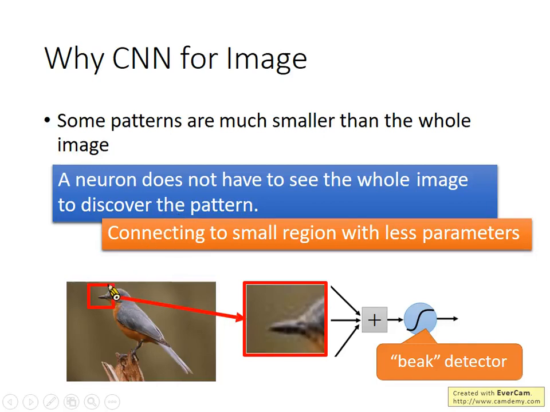If we consider just a sub-region of the whole image, we can connect to this small region with fewer parameters. So for this node, we just consider the smaller input region, and the number of weights to be estimated can be reduced significantly, because if we transform this small region into a feature vector, its dimension is much smaller than the whole image. This is the first observation.